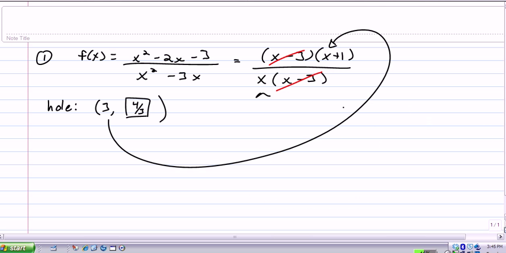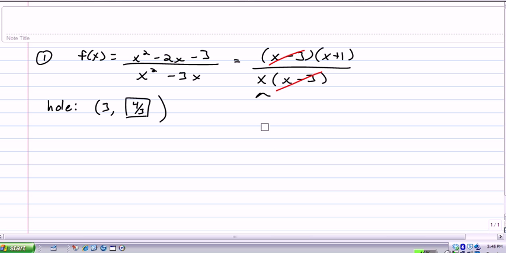Okay, so we got that. Alright, so this graph has one hole in it. For all intents and purposes, these can go away here.